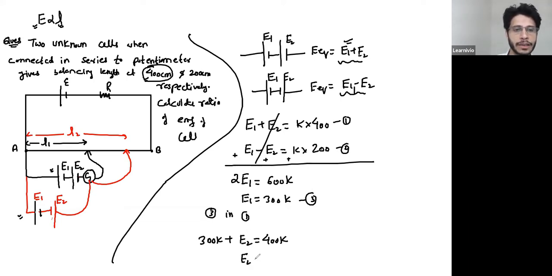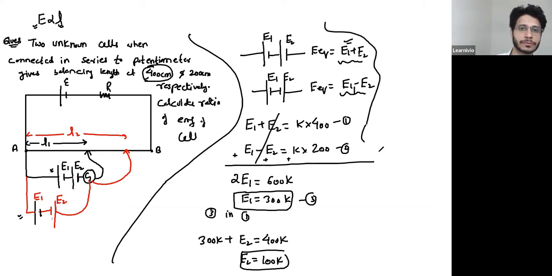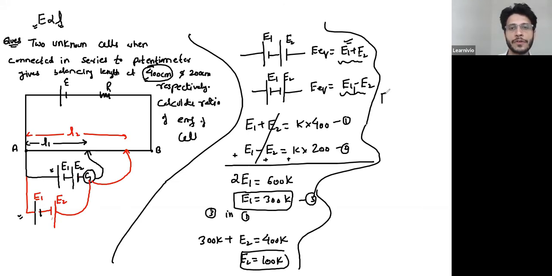You will get that E2 is 100K. If I take the ratio of E1 and E2, E1 is 300K, E2 is 100K, so the ratio comes out to be 3.